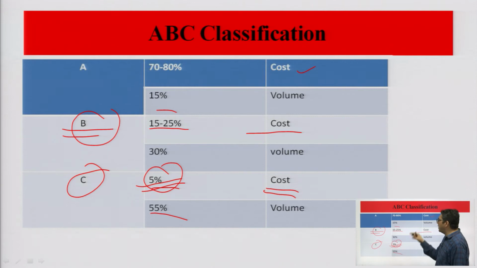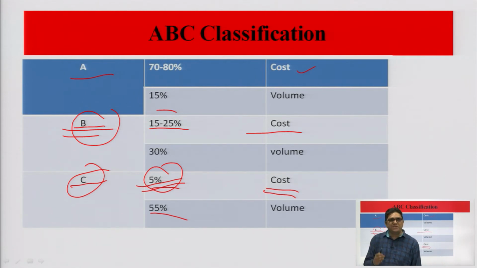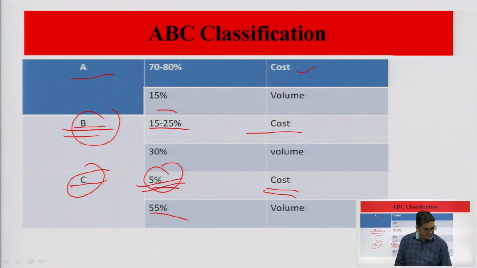So, these are classified as item A, item B and item C, and this is the ABC classification, where we consider cost as the parameter.